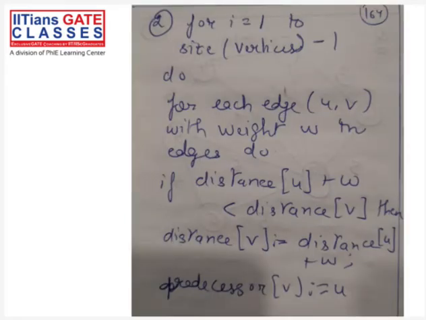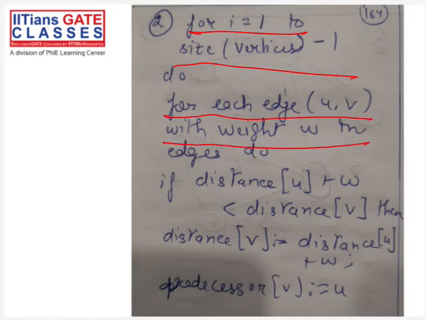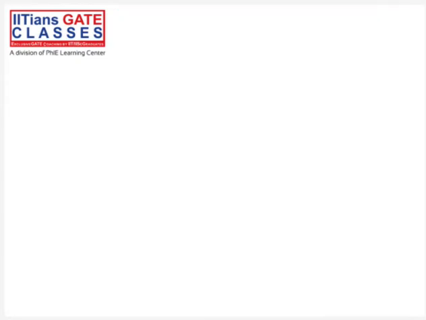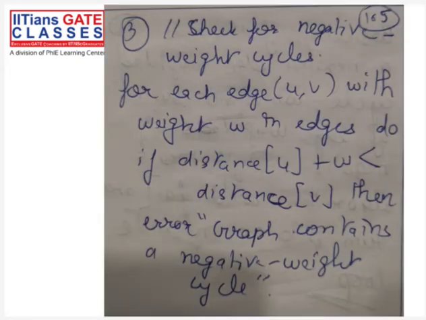Now for i equal to 0 till size of vertices minus 1, for each edge with weight W, you check the update condition, and if this is less than this, then you update accordingly. This is what we have done in Dijkstra's algorithm as well, so no change over here. You keep on doing this, but you restrict your i values to V minus 1.